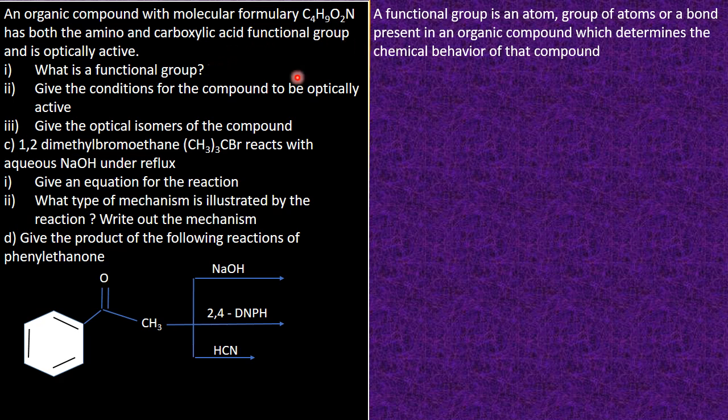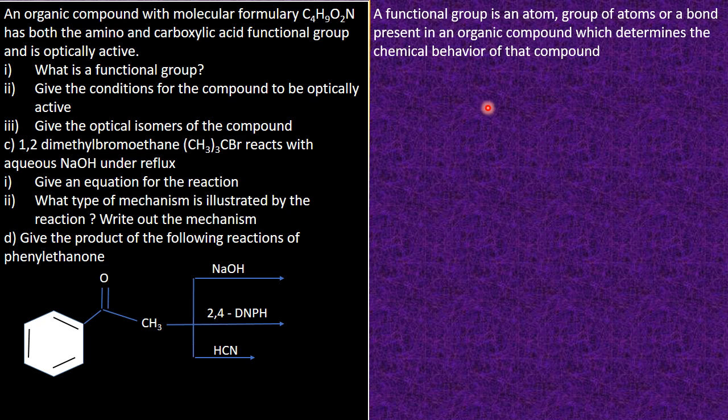It's simply a group of atoms or a bond present in an organic compound which determines the chemical behavior of that compound. You could also say in a different version that a functional group is simply an atom, group of atoms, or a bond present in an organic compound which determines the chemical reactivity or the behavior of that compound. Great. Super important, guys, very important.